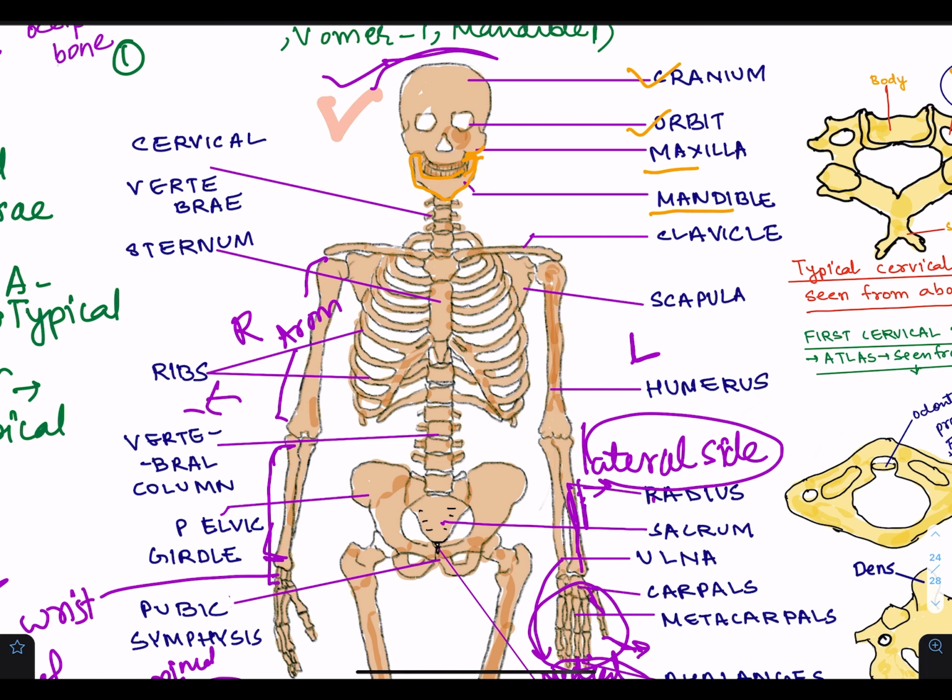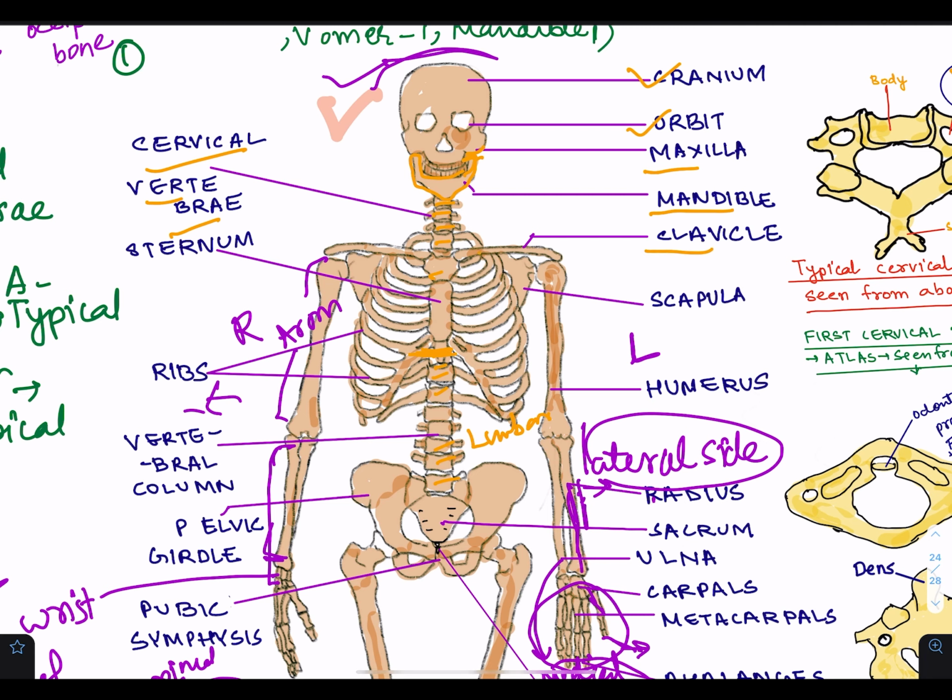Now we have vertebrae. The upper vertebrae are known as cervical vertebrae. Then the vertebrae up to the rib cage are known as the thoracic vertebrae, and the lower ones are known as the lumbar vertebrae.